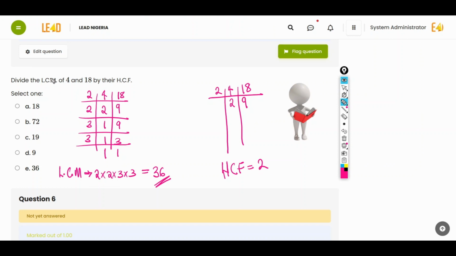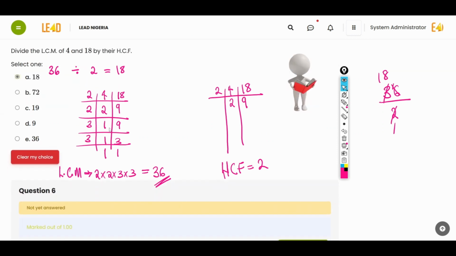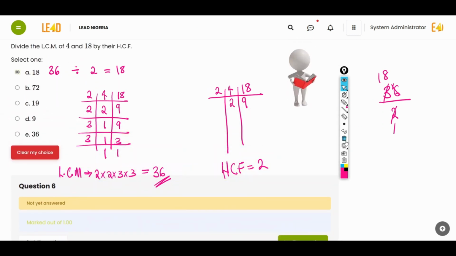Going back to the question, it says divide the LCM of both of them, which is 36, by their HCF, which is 2. 36 divided by 2 is 18. The correct option is option A.